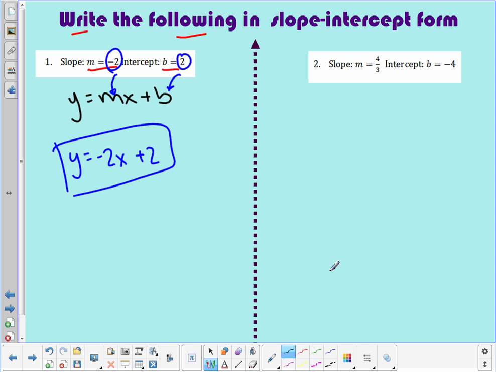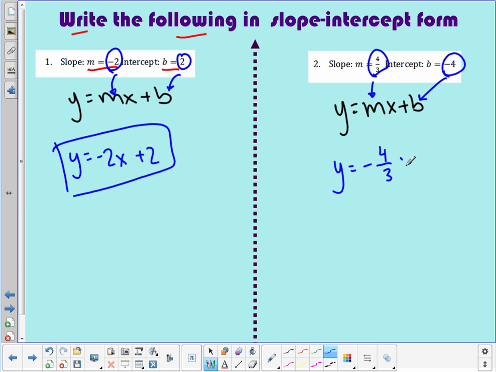In number 2, again using y equals mx plus b, I have a slope of 4/3 and a y-intercept of -4. So that looks like y equals 4/3 x minus 4.